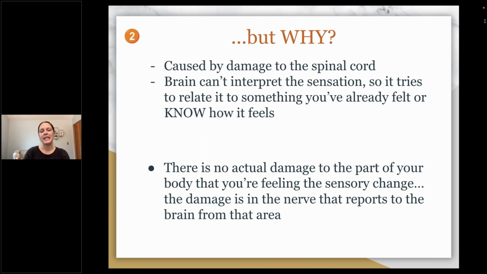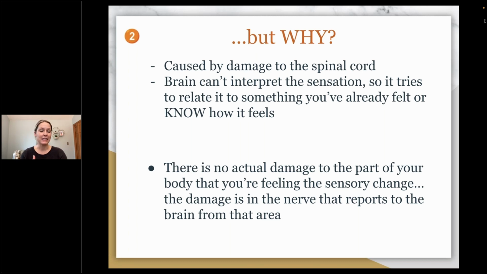So it tries to relate it to something you've already felt or experienced in the past, because you already know how that feels. You might know what it feels like if someone were to physically squeeze your foot. So your brain is going to associate this sensation with, oh, something is squeezing my foot.